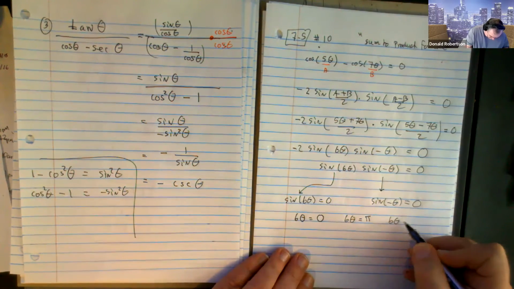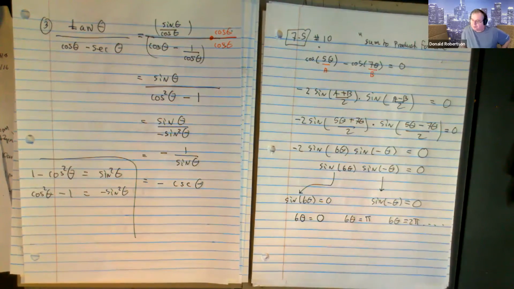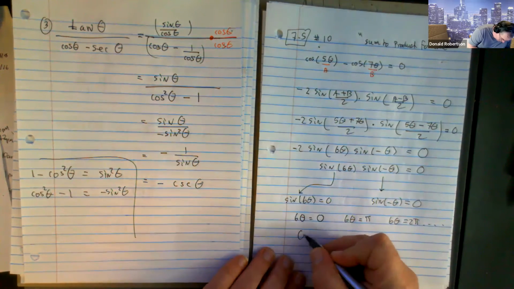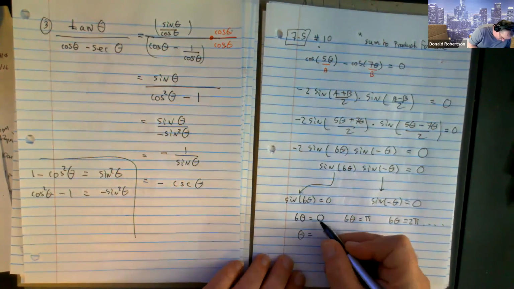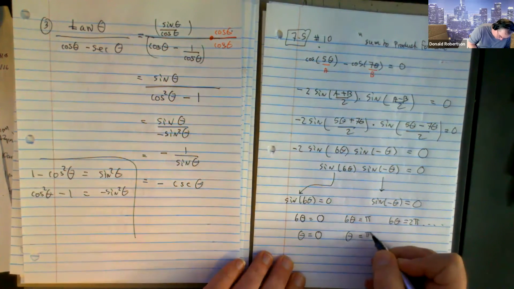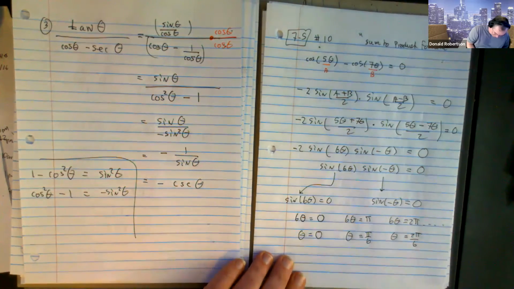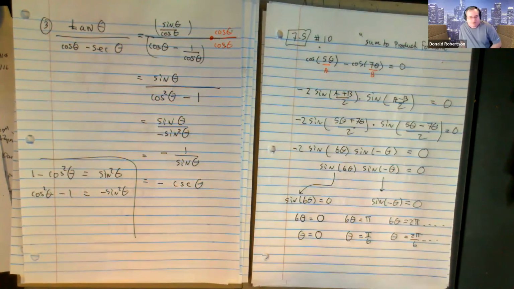If you wanted to, couldn't you do 2 pi too? If you divide this, don't you still get 0? If you divide this one, don't you get pi upon 6? And this is just overkill. You don't really need these. I'm just going through it. There is an infinite number of answers.